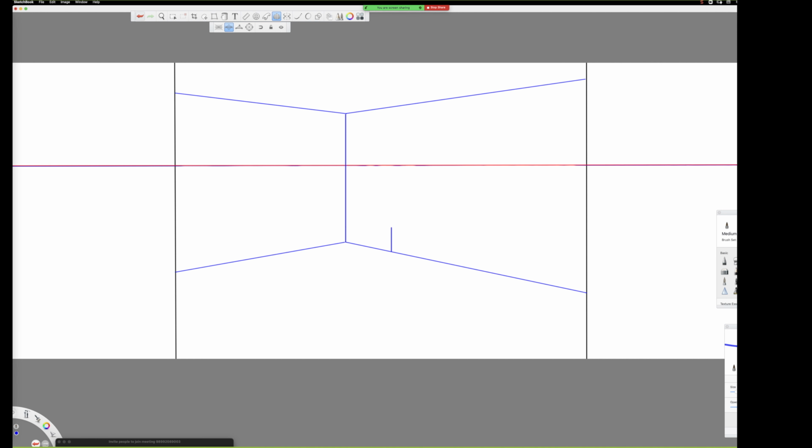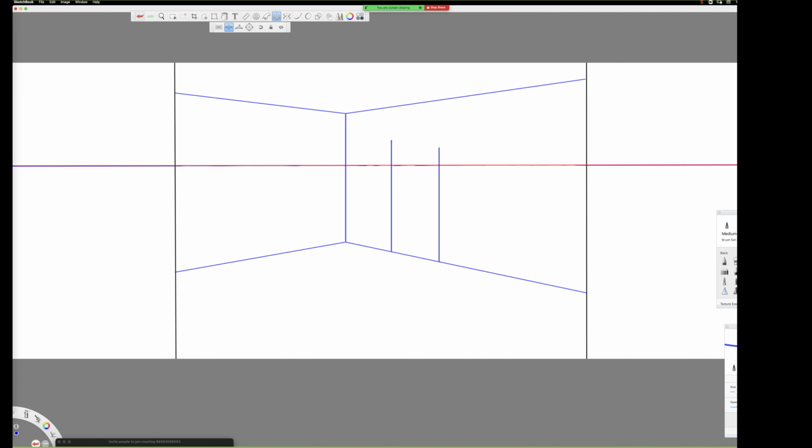Now, would the doorway be higher than my eye level? Slightly higher. Otherwise, I'd be hitting my head every time I went through it. So obviously, the doors are higher than our eye level, which is our head level. So think about those sort of things as you make your drawing.